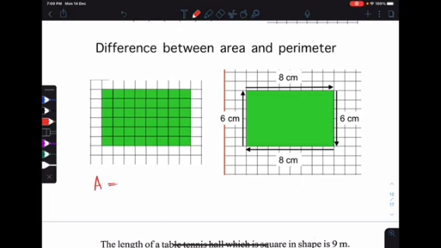Area happens to be, see, I have 1 2 3 4 5 6 7 8, 8 squares, so length is 8, breadth is 1 2 3 4 5 6. So 8 into 6, which is equal to 48 square centimeters.